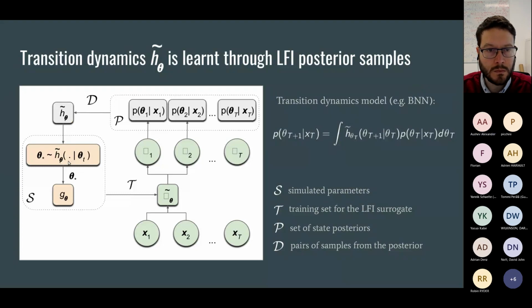So that's the general idea of the approach: first to use the multi-objective surrogate for the discrepancies, and then to learn the transition dynamics in this way.